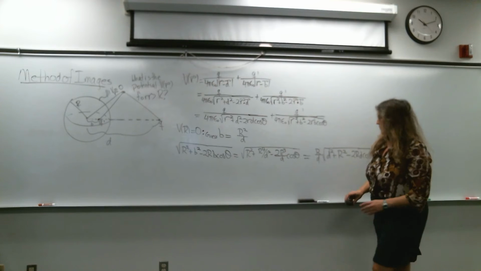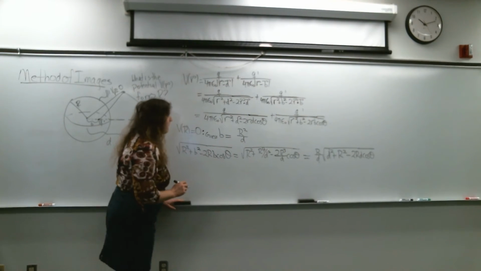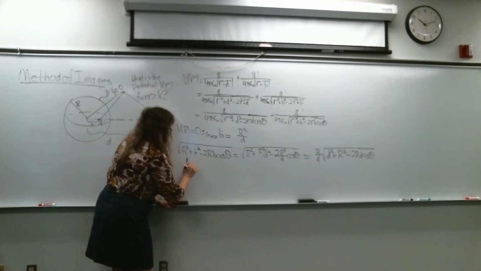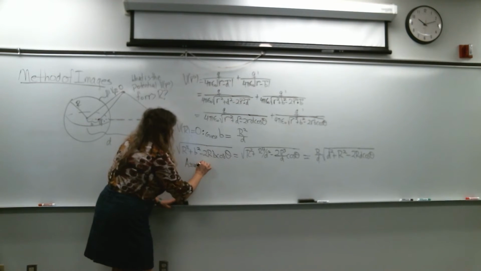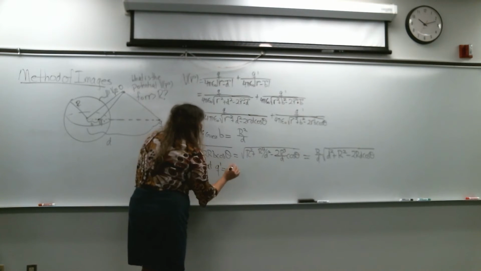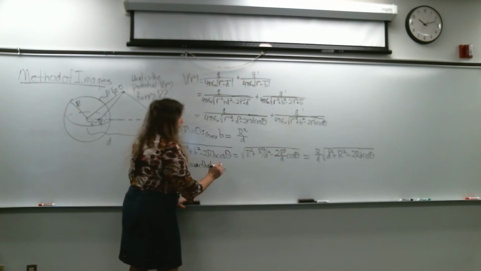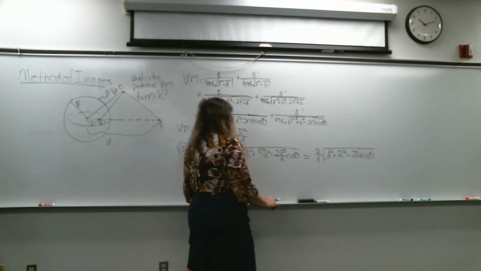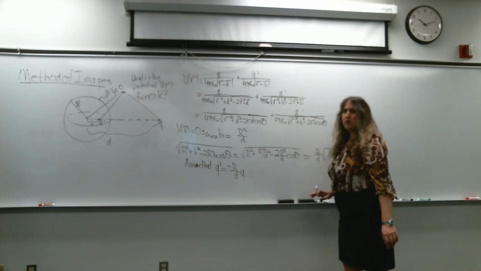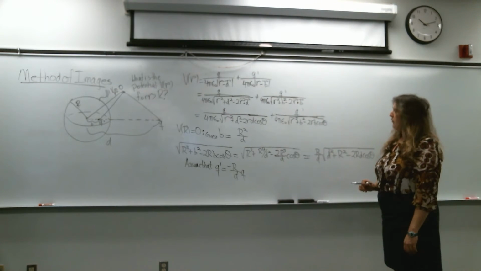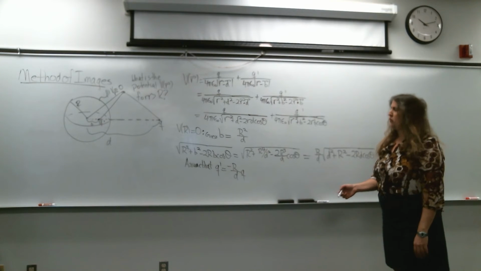Therefore, if I assume that q prime is equal to minus R over d times q, this will vanish at the surface of the sphere, and hence that's the solution.